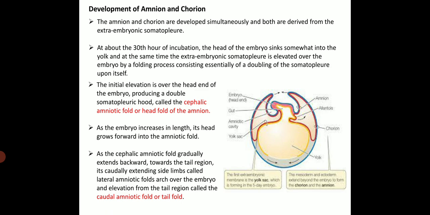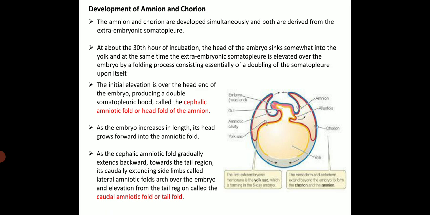As the embryo increases in length, its head starts to grow towards the amniotic fold. As the cephalic amniotic fold gradually extends backwards towards the tail region, the lateral folds also start extending, which we call the lateral amniotic folds, and they arch over the embryo.